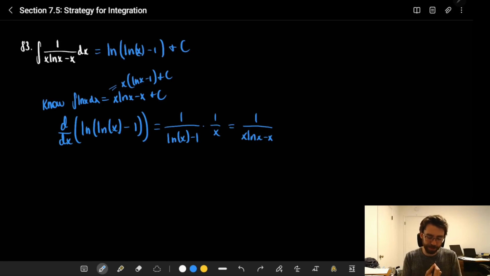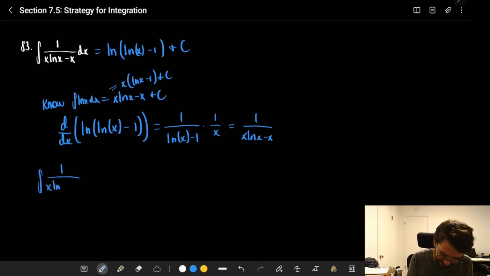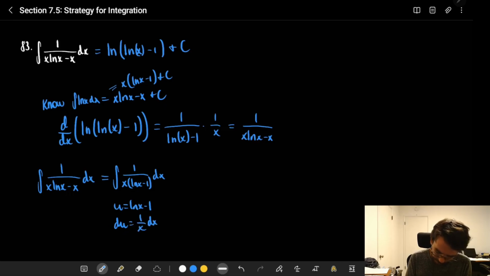Okay, I mean, maybe we should do it. So just to say, you don't have to have crazy intuition like that. What if I wrote this as this, like we were just doing, and then I said that's u, so u is log x minus 1, du is 1 over x dx.